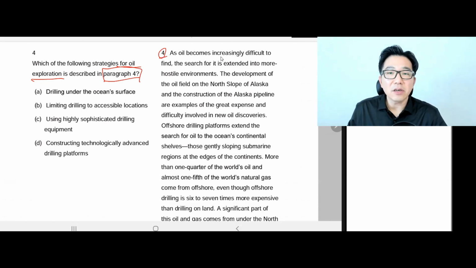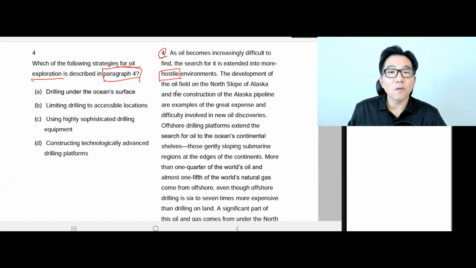As oil becomes increasingly difficult to find, the search for it is extended into more hostile environments. Hostile means less friendly, harsher, harder, difficult. So we want to find more oil. As oil becomes increasingly difficult to find in more comfortable, easier places, they are going to more difficult places to find oil because they cannot find any more.